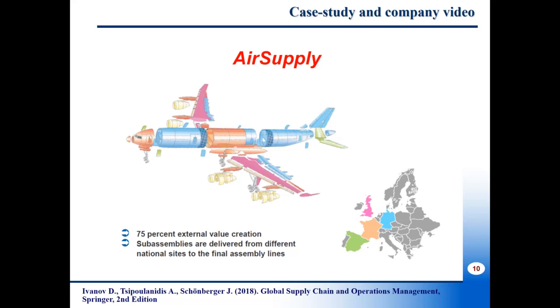Each time delay can cause very high costs. Therefore, it is essential that all suppliers involved in the manufacture of an aircraft have real-time visibility of the progress of demand and inventory to adapt to fluctuations and changes of customer requirements.